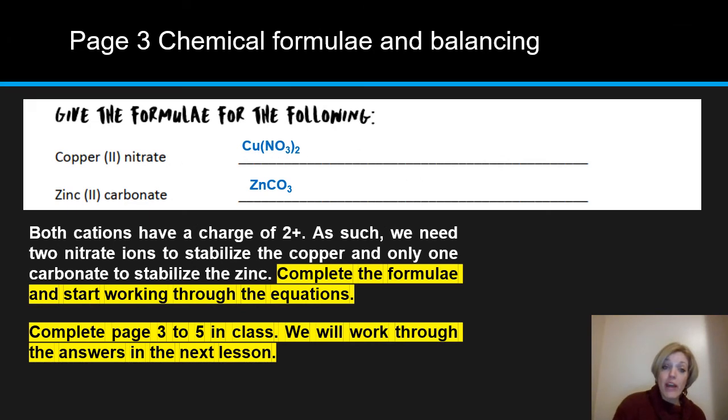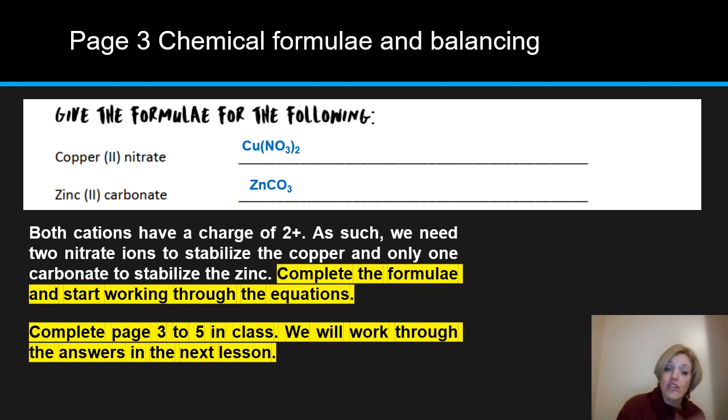So if you go to page 3 of your booklet, you are now, I think, ready to apply all the principles and all the theory that we have gone through in the last few videos. On page 3, I've written out the first 2 chemical formulas for the written word names of those compounds.